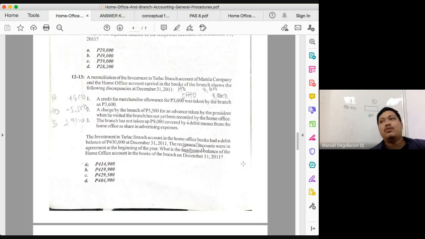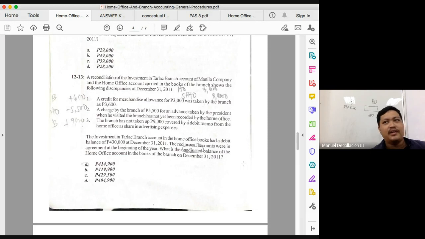Okay. Class, new concept, new guiding principle for journal entry preparation. We will work under the assumption, class, that the branch believes that it is the only branch. That anytime it transacts with another branch, anytime it transacts with the officers of the home office, it is actually transacting with the home office.